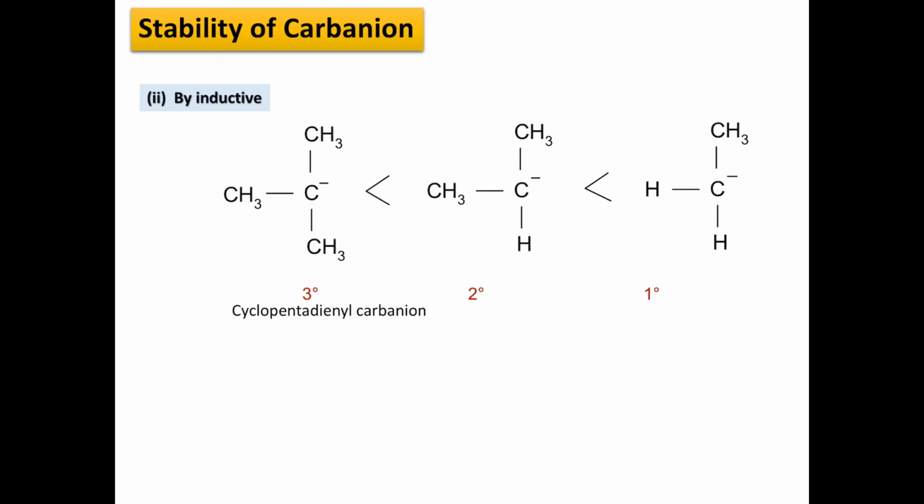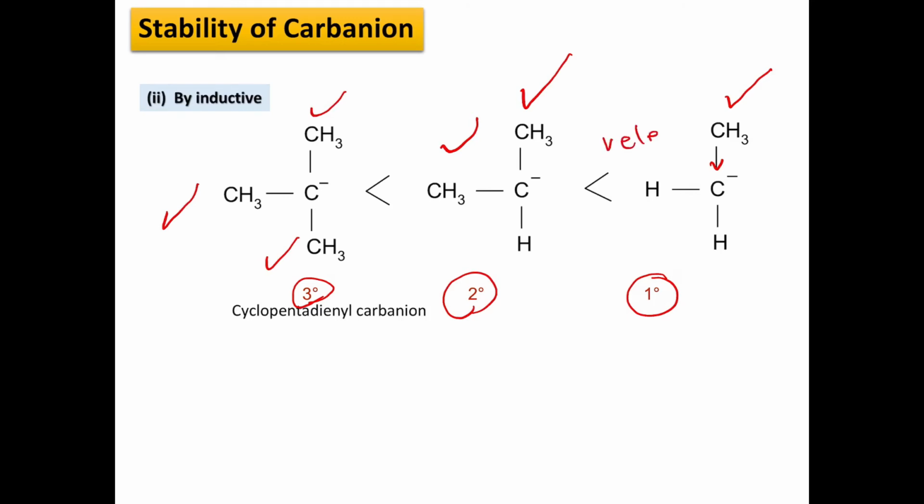If you take a look at that example here, it's primary. Primary means one CH3 group, secondary means two CH3 groups, and tertiary means three CH3 groups. And each of the CH3 groups will release electrons.